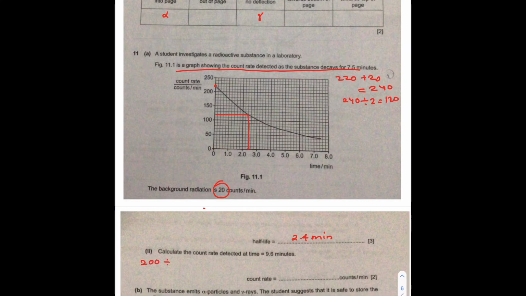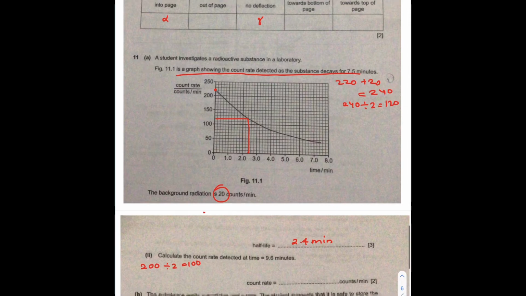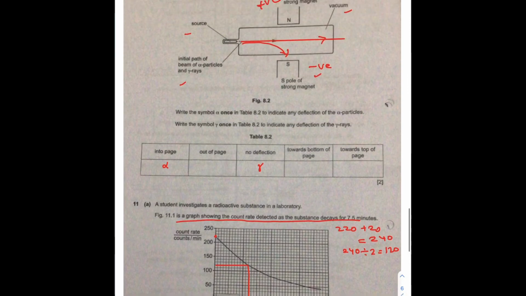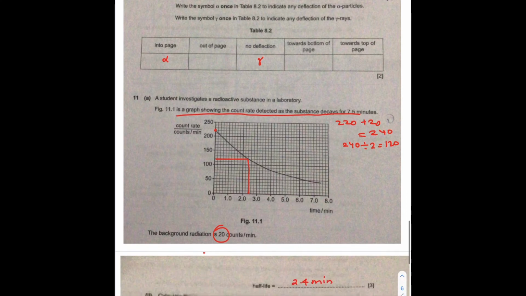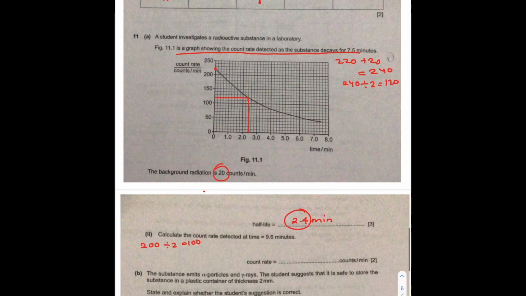The half-life we calculated is 2.4 minutes, so 9.6 divided by 2.4 is 4. So we need to divide 4 times.